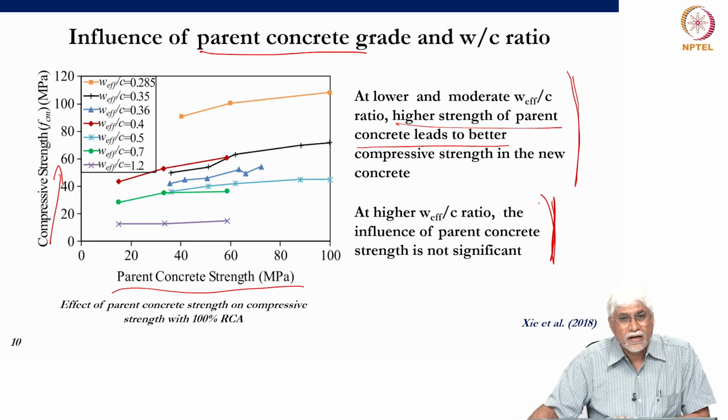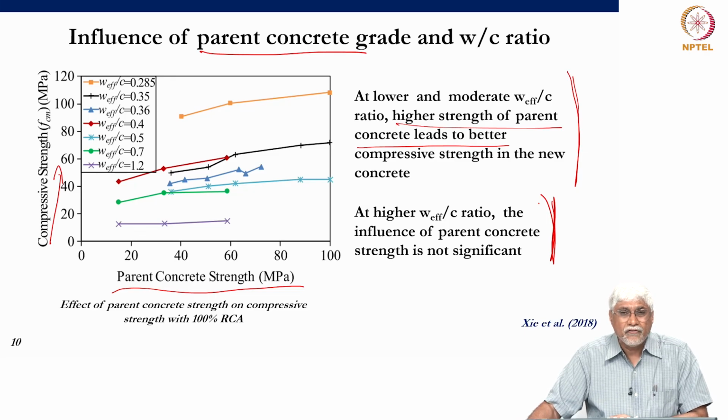Okay. So this is often a very important problem when we are using recycled concrete aggregates. We don't know what the parent concrete strength is, and it would be a mix. So you have to see if we can take samples and get an average strength, or some sort of characteristic strength, or ideally we know where the demolition waste is coming from.